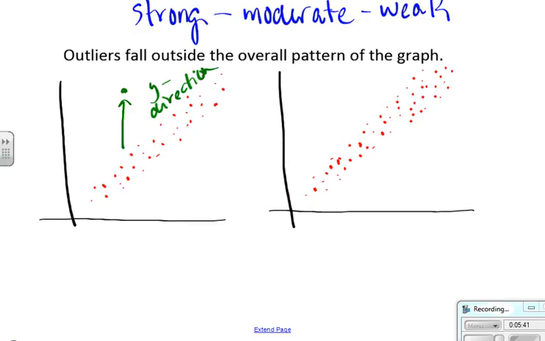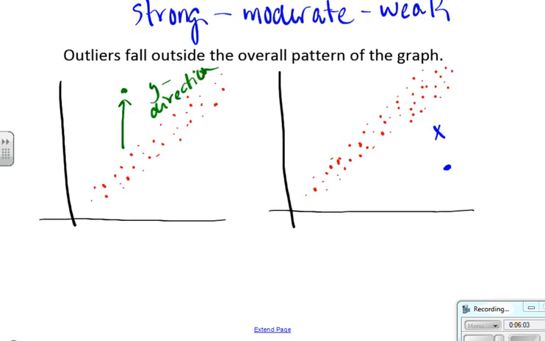If you had a point that was hanging way over here, okay, that would be an outlier in the x direction. We would expect data points, the red dots, that have similar x values to that blue dot. We would expect them to be a lot higher than this guy.